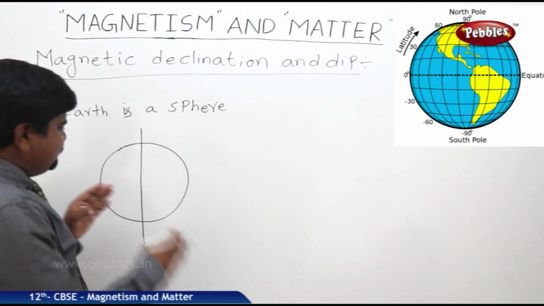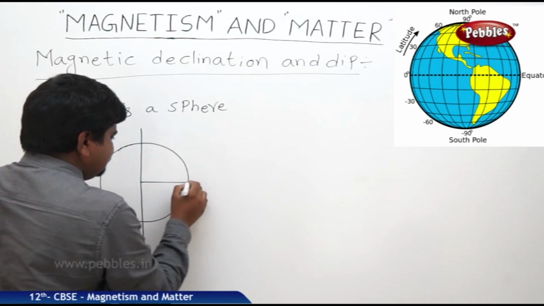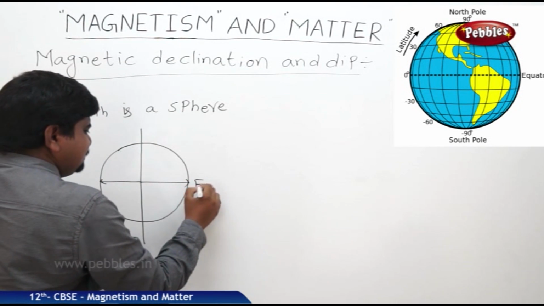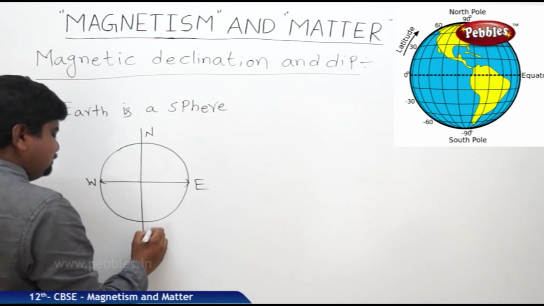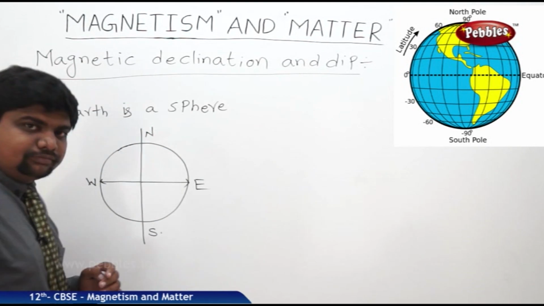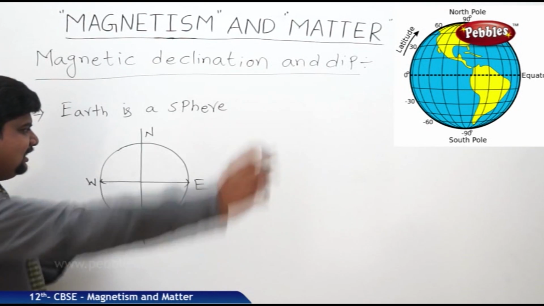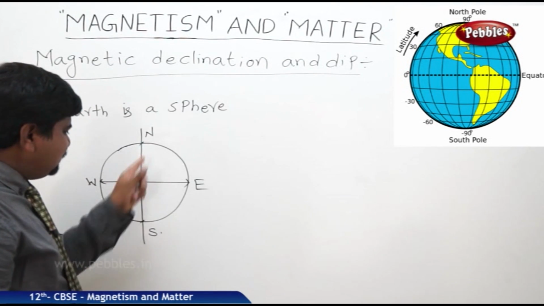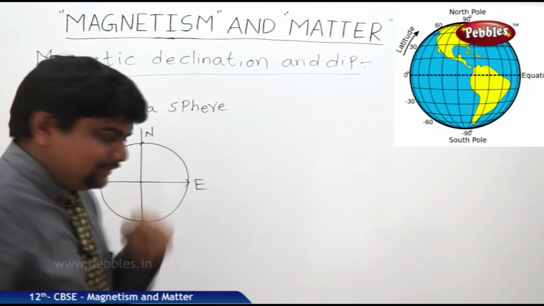But if you see the global structure of the Earth, we know that this is east, this is west, this is north, this is south. The line which joins the geographic north and south poles, or the geographic north direction and south direction, is called the geographic meridian.